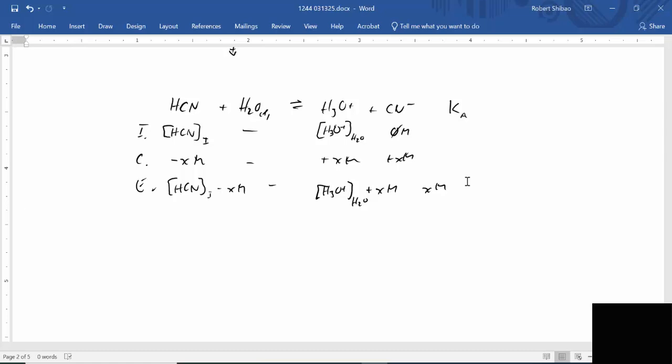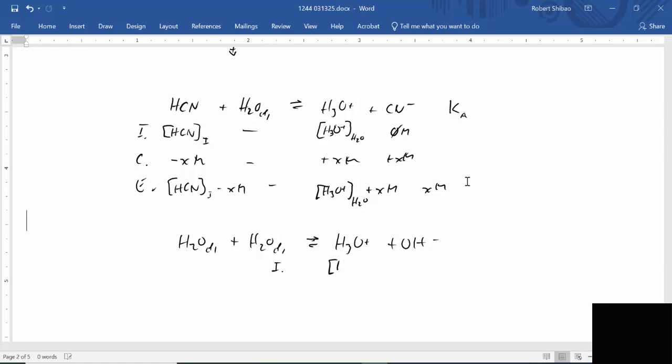Okay. Now, how should we deal with water? How much hydronium am I going to have here initially from the water? You would think it'd be 10 to the minus 7, but it's not because there's HCN present. And so we're going to have hydronium here and hydroxide here. And since we have hydronium present from the HCN, how much hydronium is present from the HCN?